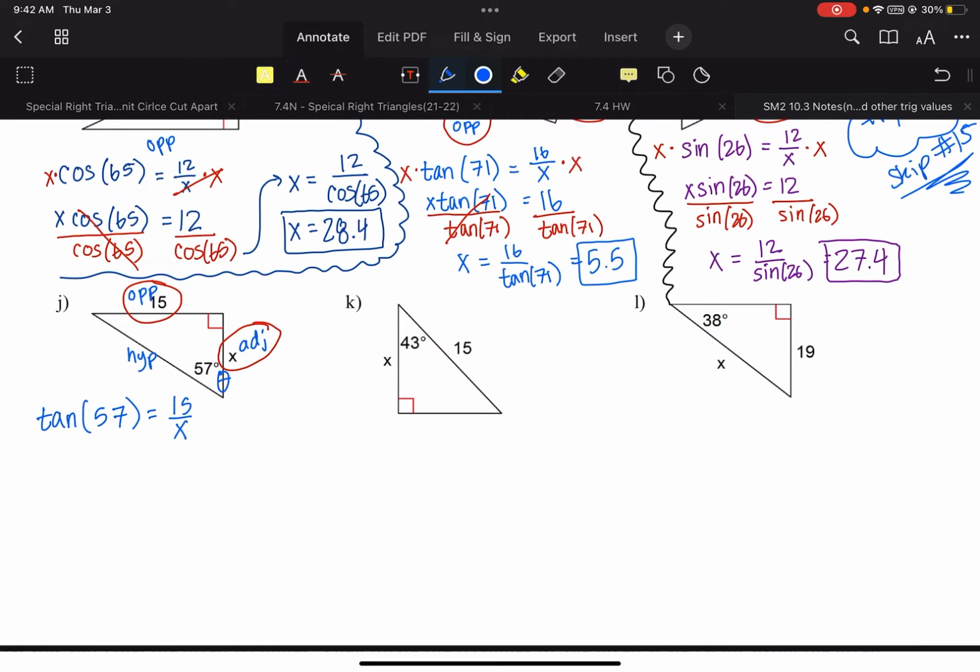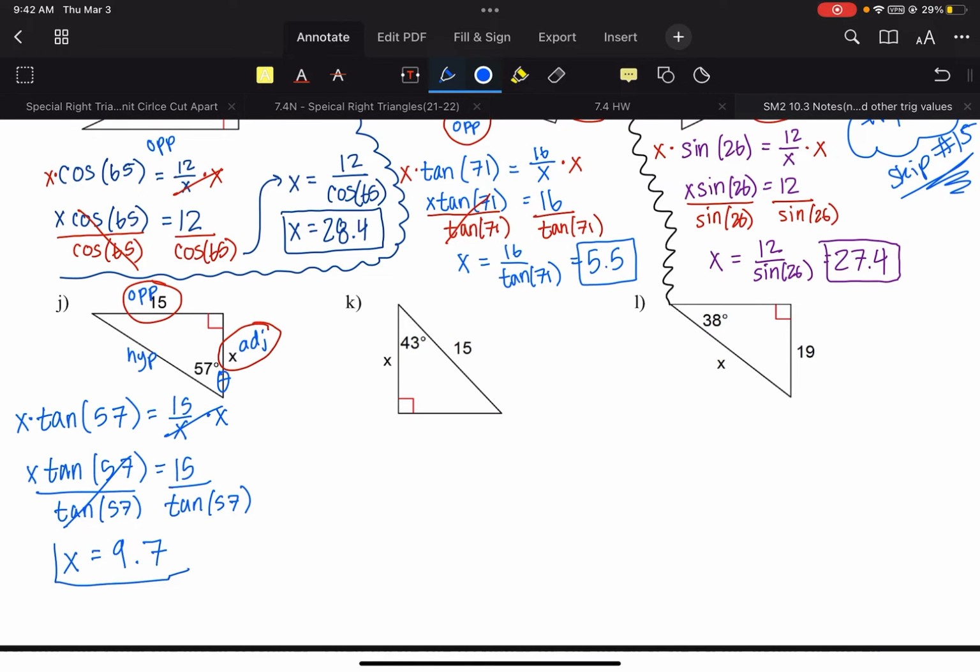So tangent of 57 is 15 over x. I will multiply both sides by my x value. So x tangent of 57 is equal to 15. Divide both sides by the tangent of 57. Punch that into my calculator, and x is equal to 9.7.